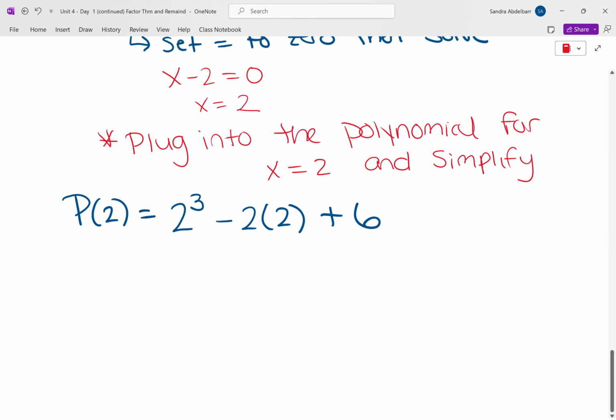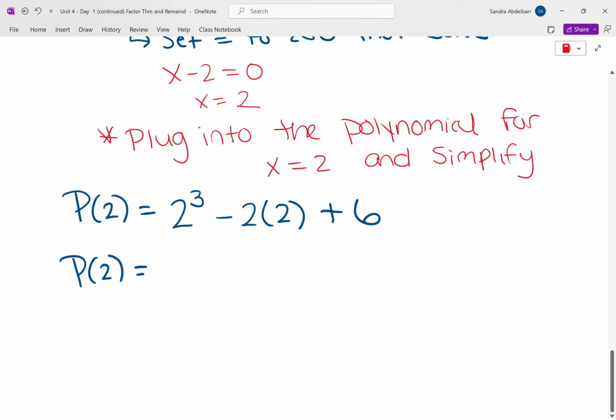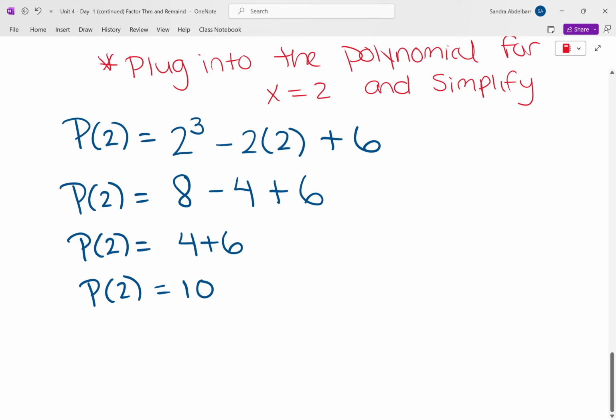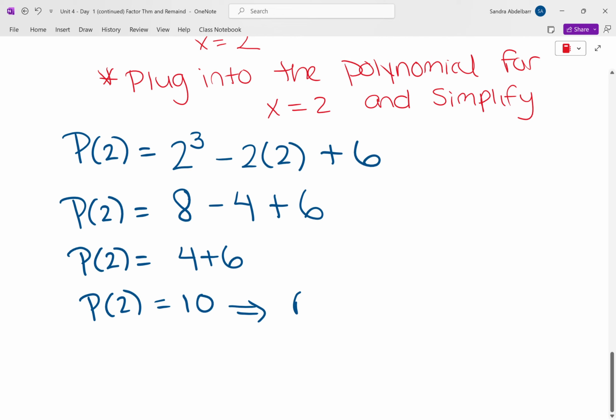So now p of 2 is going to be 2 to the third power, which is 8, minus 4, plus 6. P of 2 is going to be 8 minus 4, which is 4, plus 6, which is 10. So this tells us the remainder is 10.